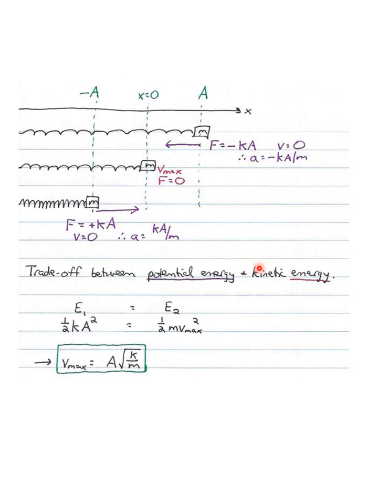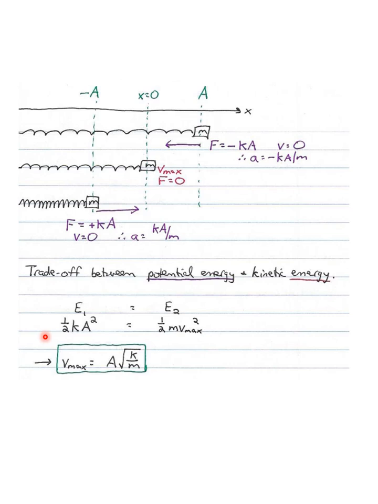If we set the energy at position 1, meaning at A, and the energy at equilibrium, so we'll call that state 1 and state 2, equal to each other, and we can do that because of conservation of energy, we get this: 1/2 kA squared.